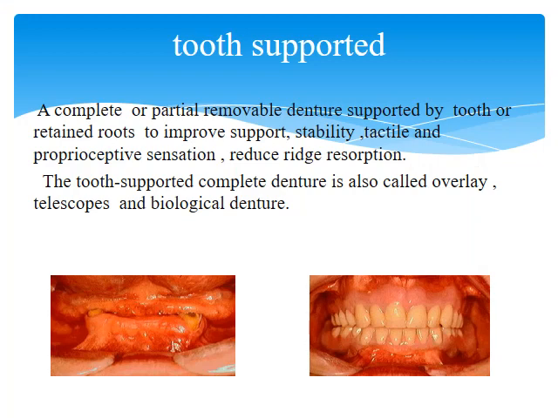We start with tooth-supported. Tooth-supported, a complete or partial removable denture supported by tooth or retained roots to improve support, stability, tactile and proprioceptive sensation, reduce ridge resorption. The tooth-supported complete denture is also called overlay, telescopic and biological denture.